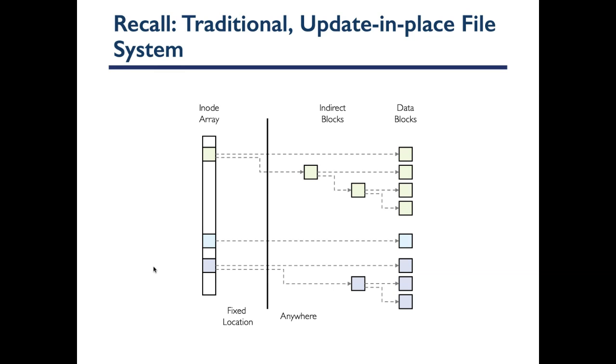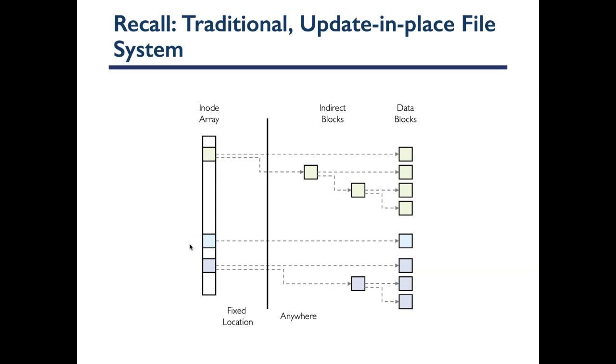So this is what we saw previously with the FFS file system, where you have your inode array, and then you have direct and indirect blocks, and then you have your data blocks. Now, with your traditional file system FFS, for instance, as we saw, inodes are located in a well-defined location on your disk in each group, right?